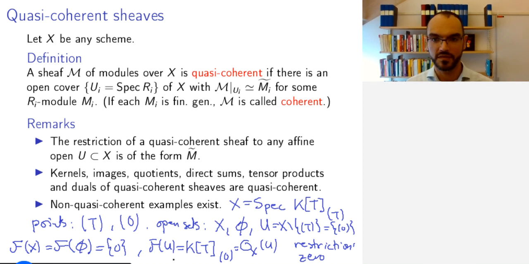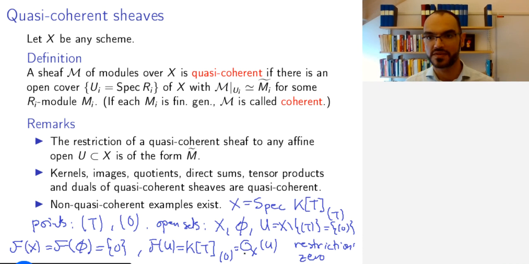Now, this is a sheaf. There is not really much to check. There is not much gluing going on. And it is clearly a sheaf of modules, and the fact that the restriction maps are 0 makes everything work. But this section at U is non-trivial.